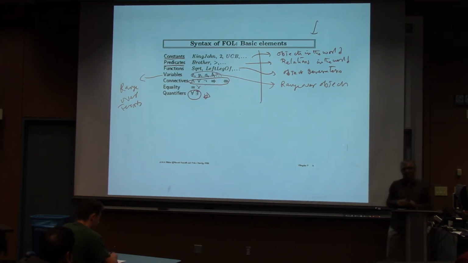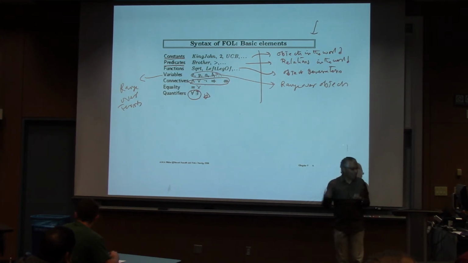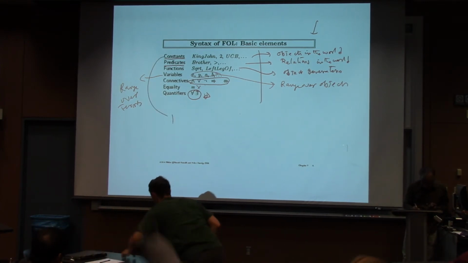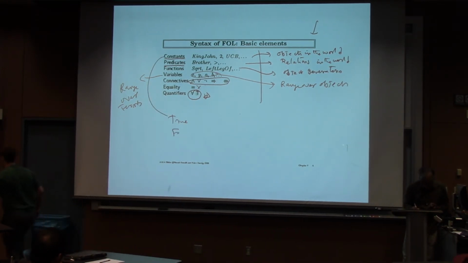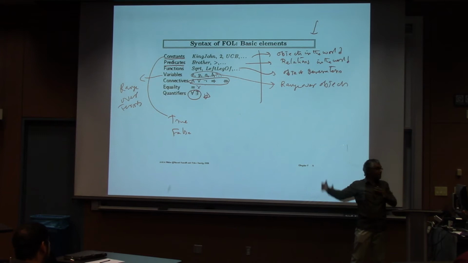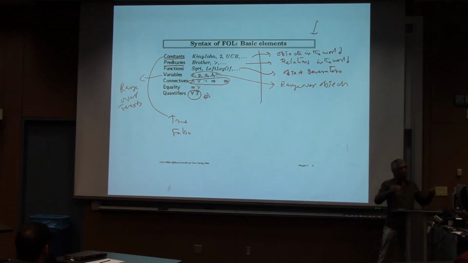No, true and false are, well, of course, there are specific constants called true and false. Okay? But that's different from the truth and falsity value of a statement in the world. So true is this symbol which will be holding in every world.